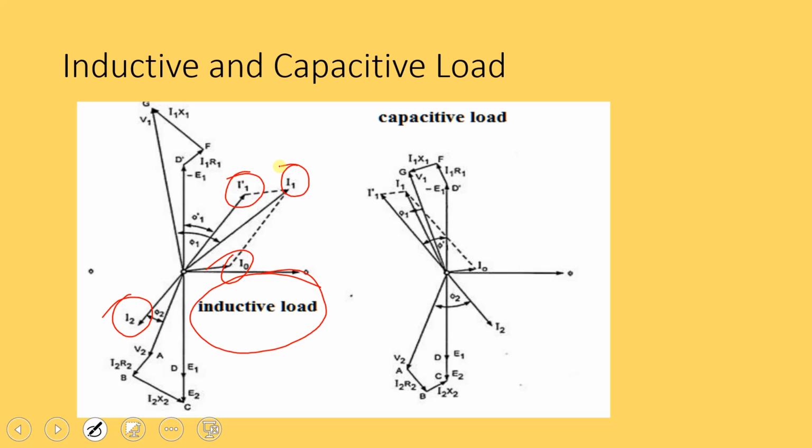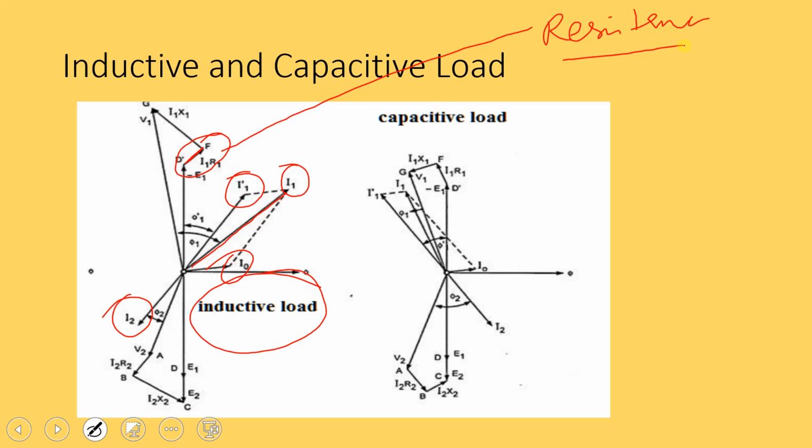Now we have the voltage drop across the resistance. Parallel to this I1 we draw this voltage drop I1R1. This is our voltage drop across the resistance on the primary side.